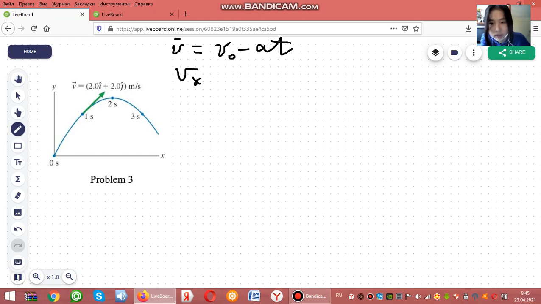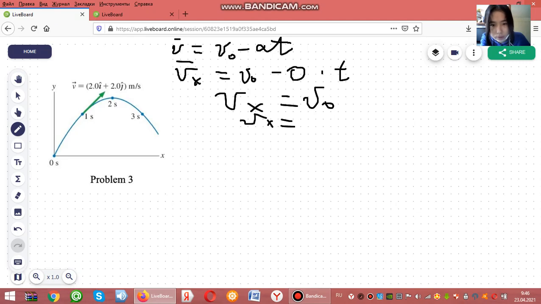Vx equals V0x minus 0 multiplying t, so Vx equals 2i meters per second. And we find this velocity for the x-axis. What about the y?